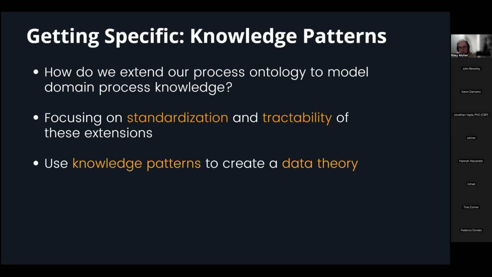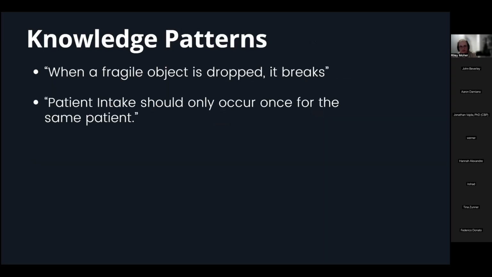So the elements that we're using here are what's called knowledge patterns, which abstracts elements of the ontology into something called a data theory, which I'll go ahead and explain here.